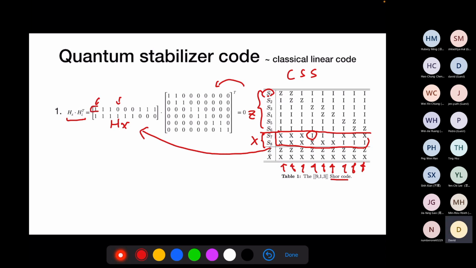Let's just do one example. Let's take the first row of H_X and the first row of H_Z, and compute their overlap. They overlap on the first 2 qubits. Just to remind everyone, the field that we are working in is F2, and so 1 + 1 = 0.